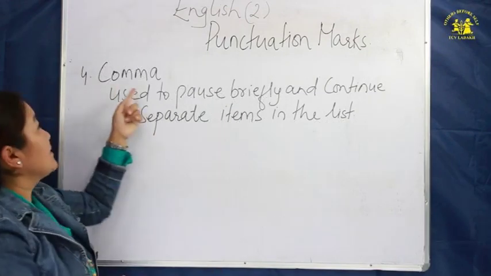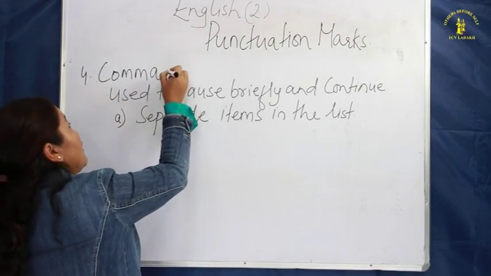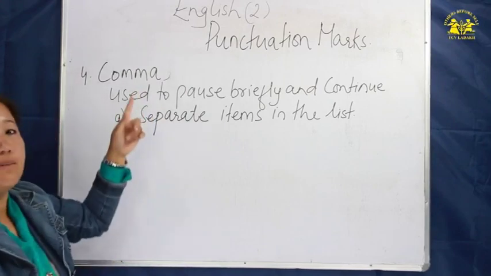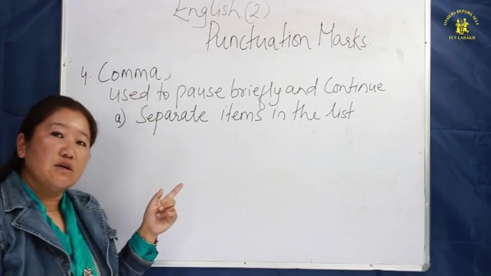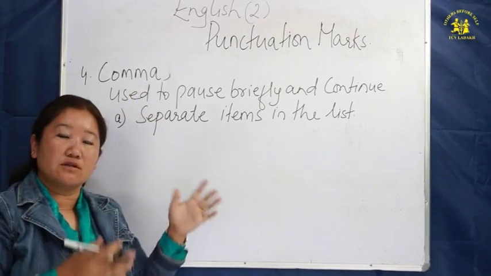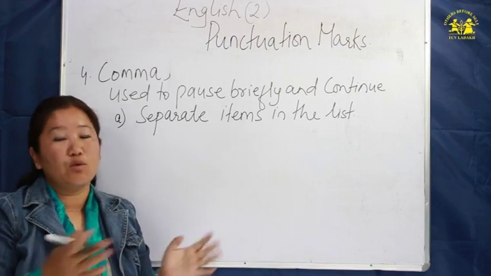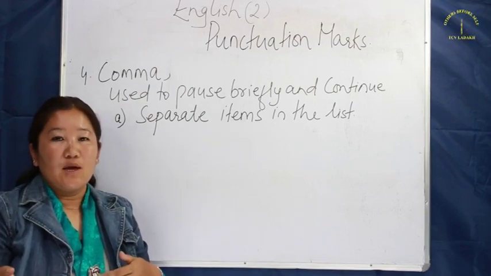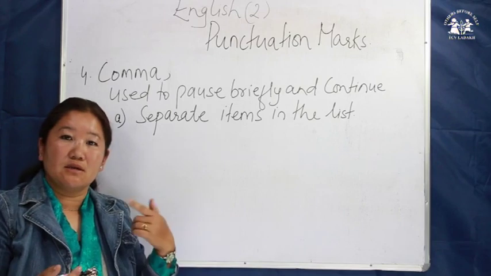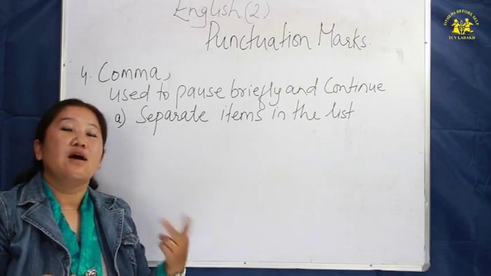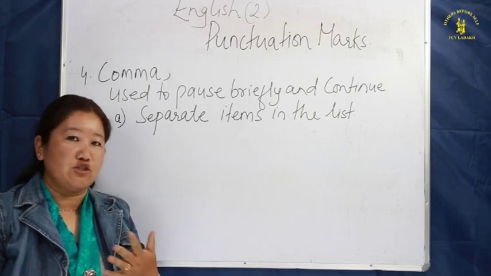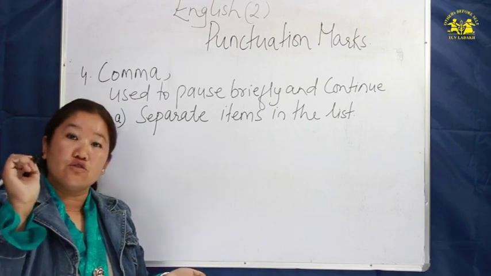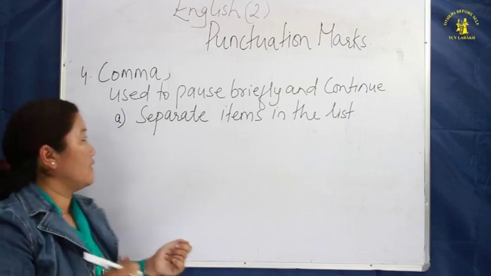The fourth one is the comma. Comma, semicolon, and colon are known as pause punctuation marks, whereas the exclamation mark, full stop, and question mark are known as terminal punctuation marks because they are used to stop the sentences. All right.